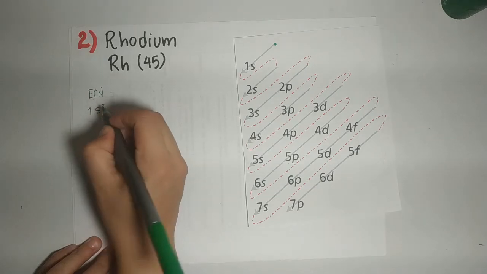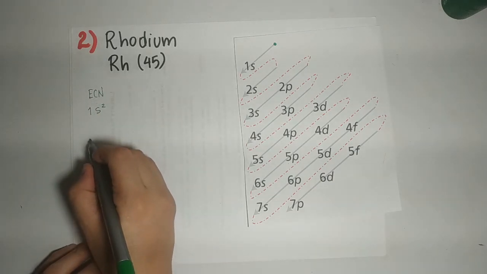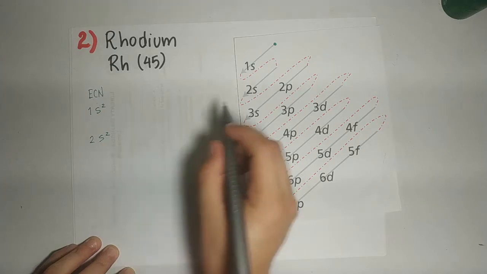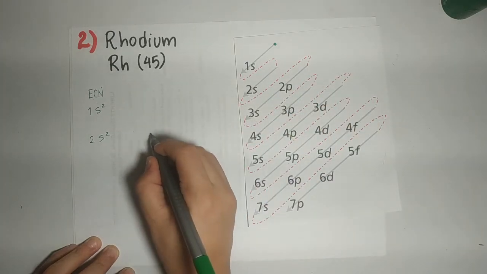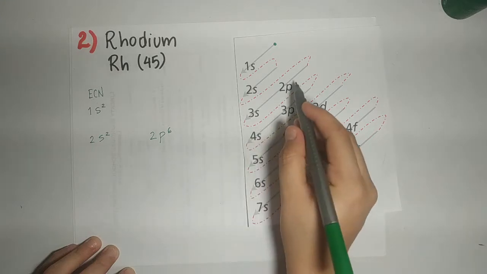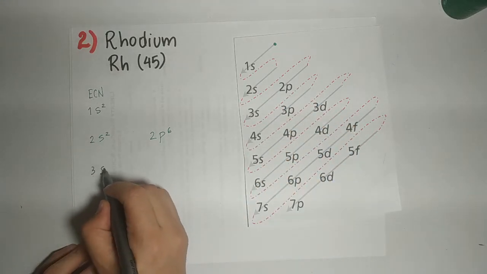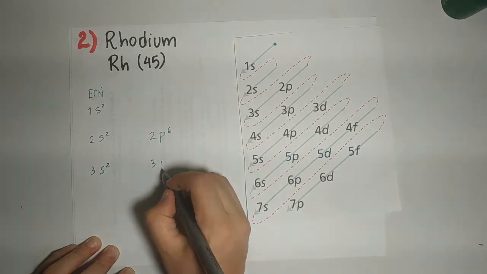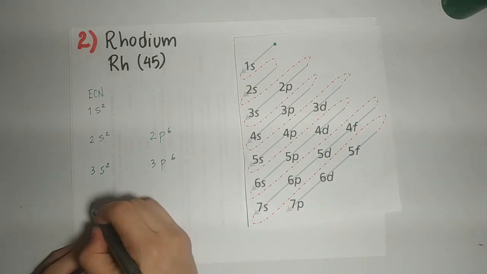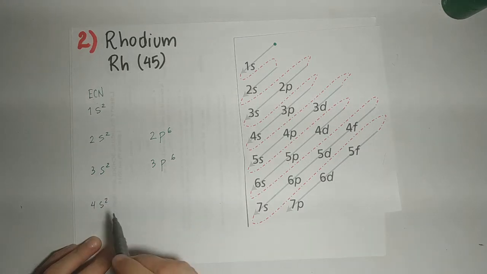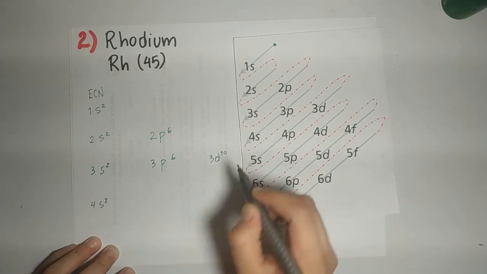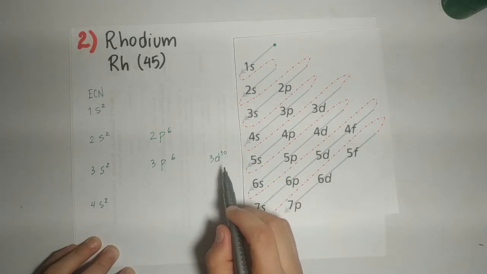1s2, 2s2, 2p6, 3s2, 3p6, 4s2, 3d10. I know in 3d10 that I have 30, so I need to keep going.